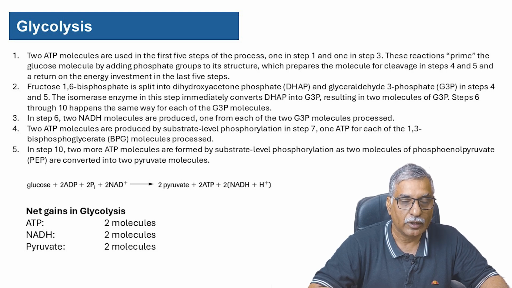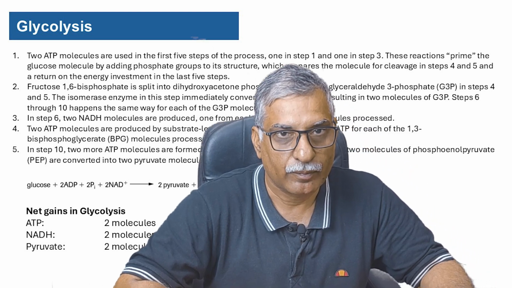And if there is anaerobic respiration going on, pyruvate will be further processed, oxidized within the cytoplasm, and that could be lactate fermentation in case of muscle cells, or alcoholic fermentation if it is yeast.